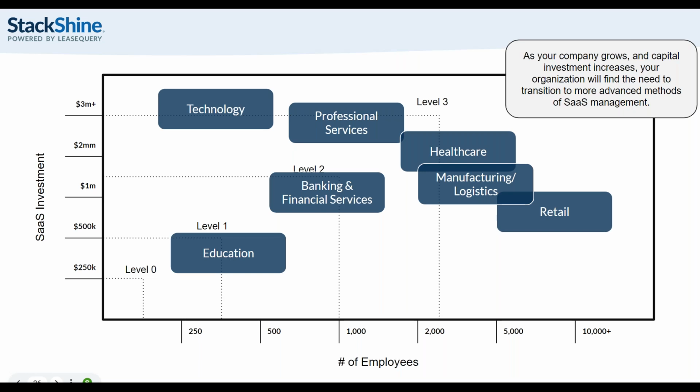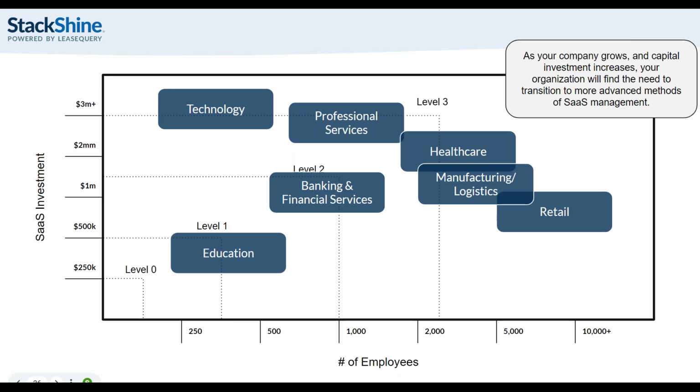The spreadsheet is always the first approach, but it may not be the right approach for your organization. But then again, a fully automated, heavily invested tool may not be right at this stage either. So what we want to do is analyze our own organization and our environment to understand how we are positioned in relation to our actual SaaS spend and SaaS management.